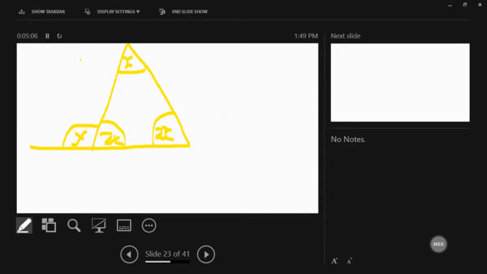So the top angle is x. Yes, so we're going to find x. By the way, I'm curious. What kind of triangle are we looking at? Tell me the name of this triangle.